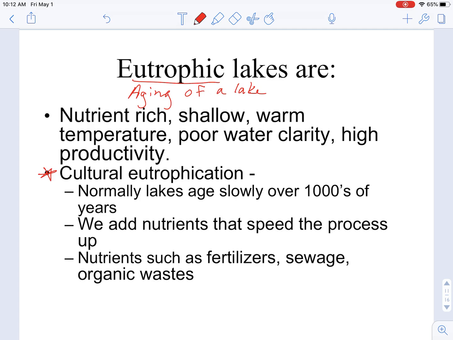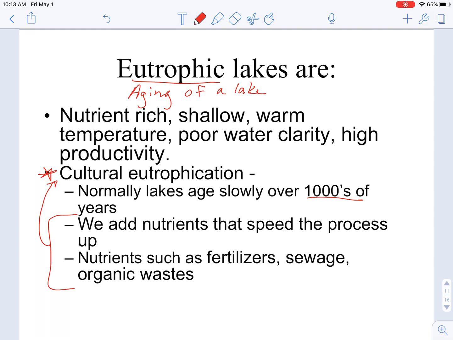Okay, the normal process of lake aging takes thousands of years. Without any human interaction, these lakes are going to be very productive for a very long period of time. However, we've seen over the past couple of weeks that we add a lot of nutrients to speed this process up, and that speeding of aging of lakes is called cultural eutrophication.